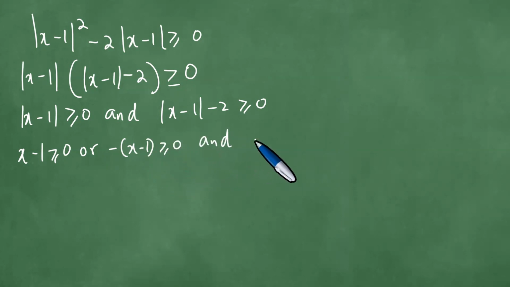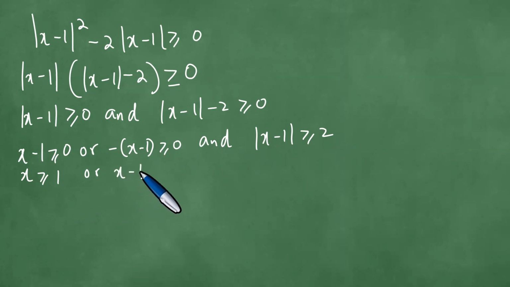And x minus 1 is greater or equal to 2, which means x is greater or equal to 1, or, at this point, x minus 1 is less or equal to 0 if you multiply both left and right by the negative, so that we have x is less or equal to 1.